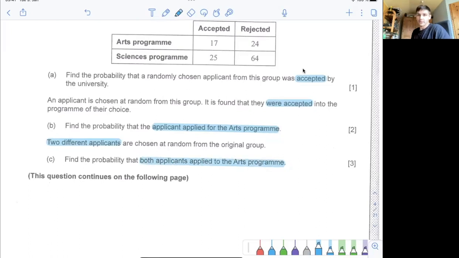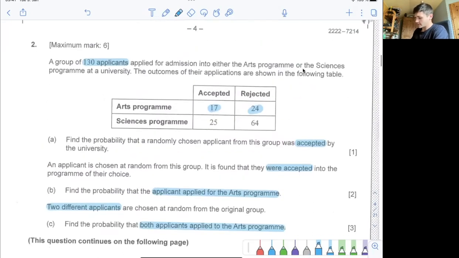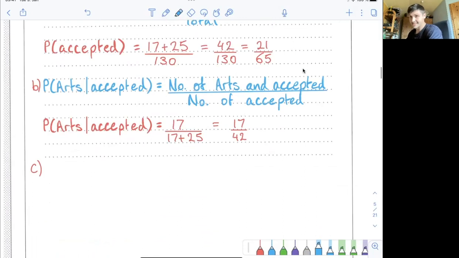In order to find the probability that one applicant applied to the arts program, we take the number of art program applicants, which would be 17 plus 24, and divide that by our total number of applicants, which was 130. That will give us the probability of our first one. So let's put that in, and then we'll talk a little bit about the second one.